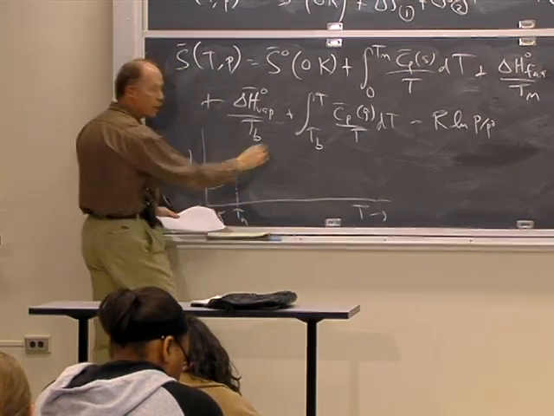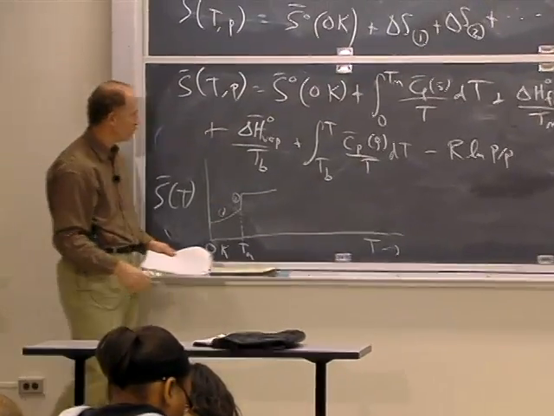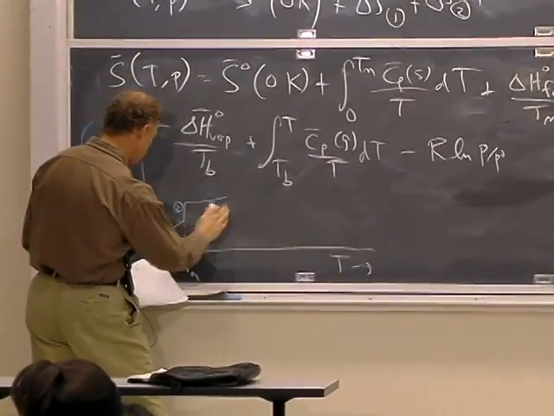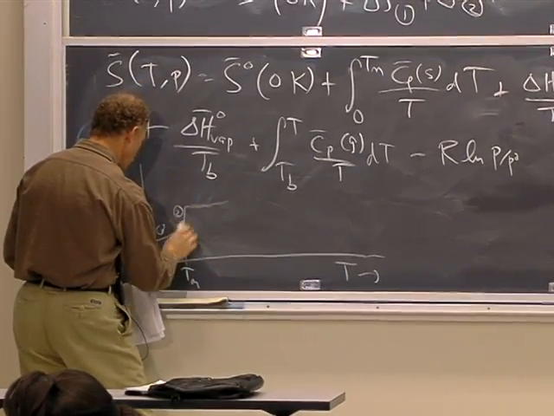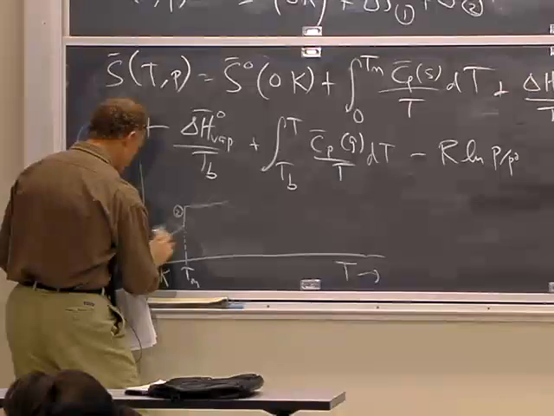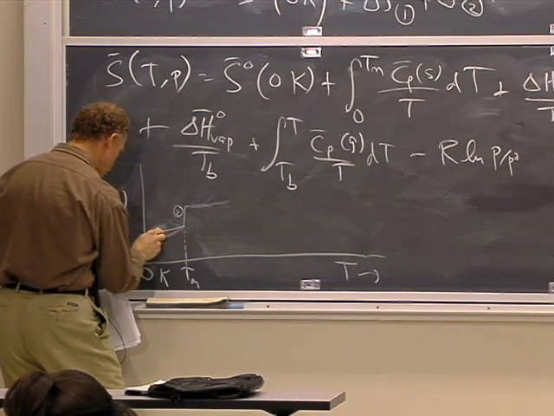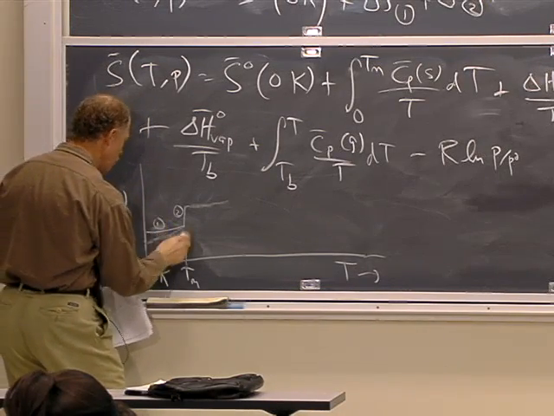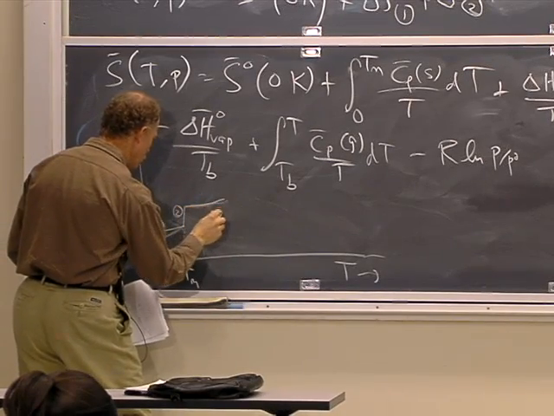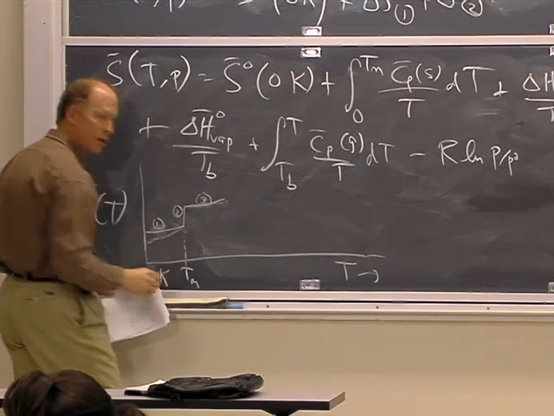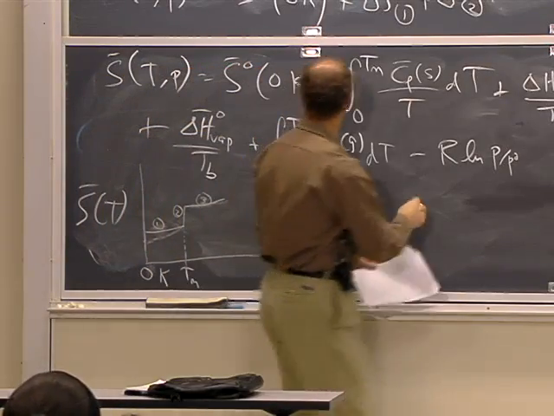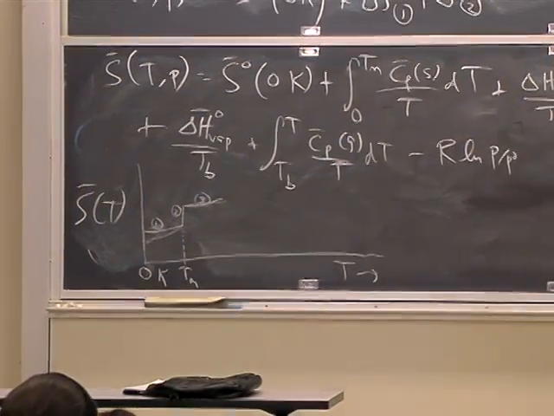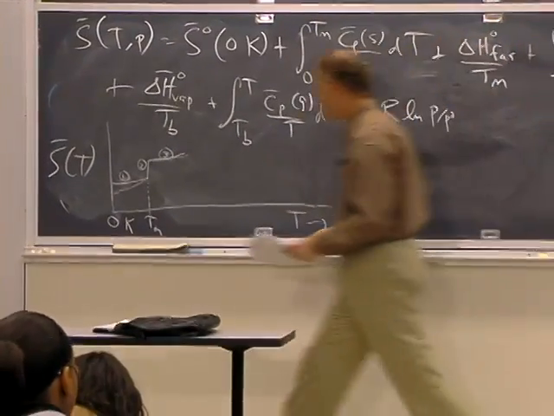And then there's another heating step. Now, strictly speaking, I'm going to run out of space here if I'm not careful. So 1, 2, 3. I'm heating it up a little more. Entropy is still increasing. So I've done this. Now I've heated up the liquid.